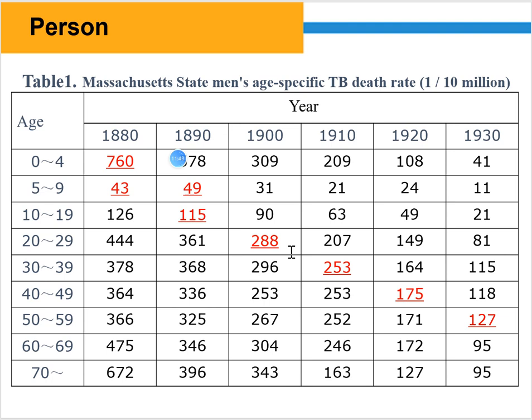Birth cohort analysis can reflect the relationship between age and disease more accurately than cross-sectional analysis, because birth cohort analysis is not affected by environmental factors.